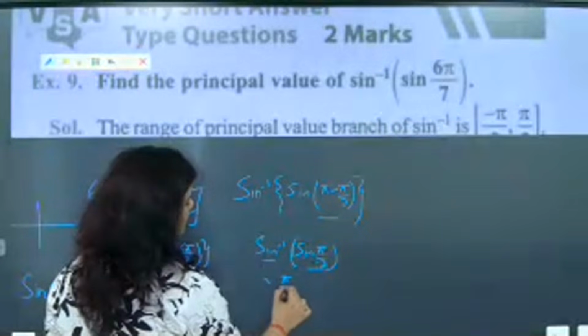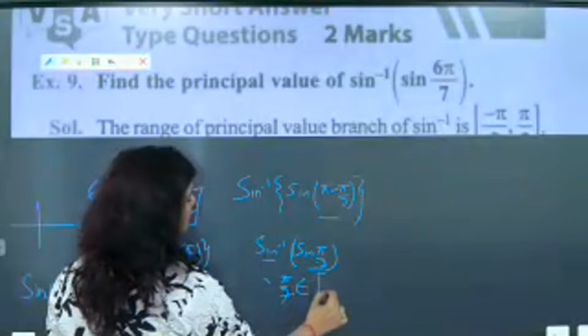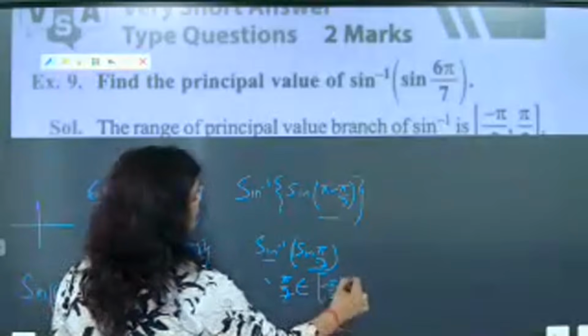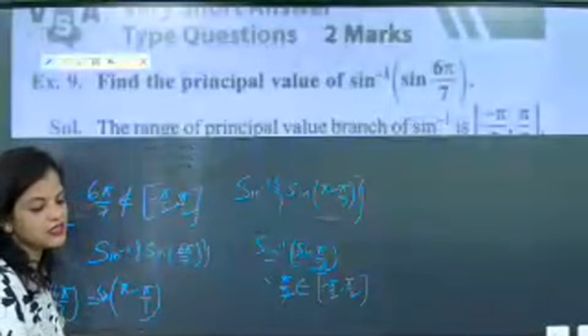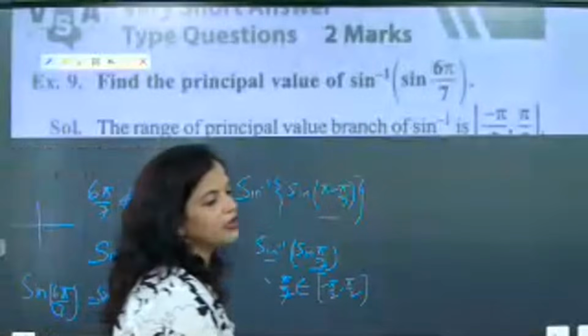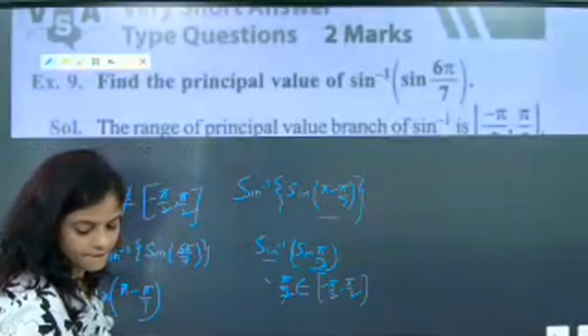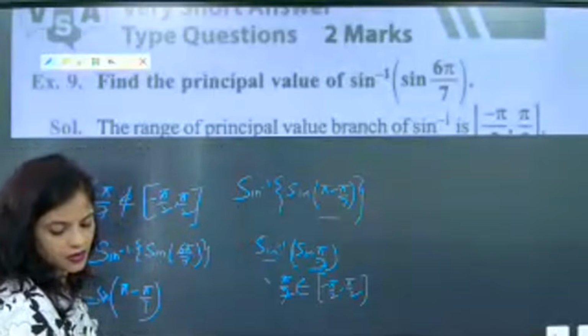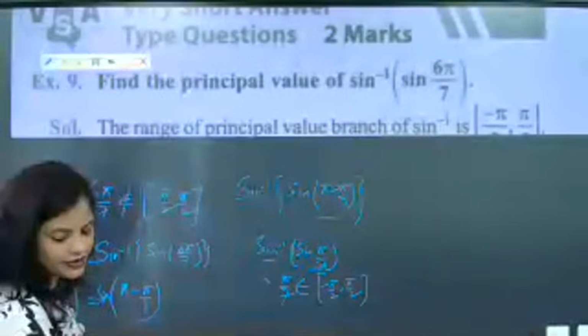The answer is coming π/7, and 100% π/7 belongs to the closed interval -π/2 to π/2. Sin inverse is exactly coming between that interval only.